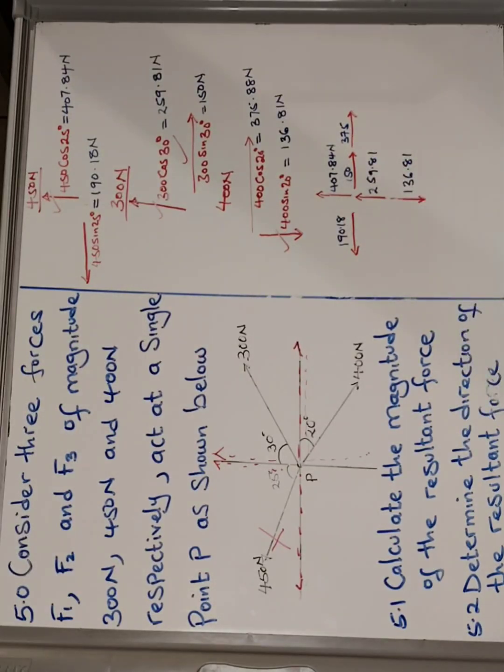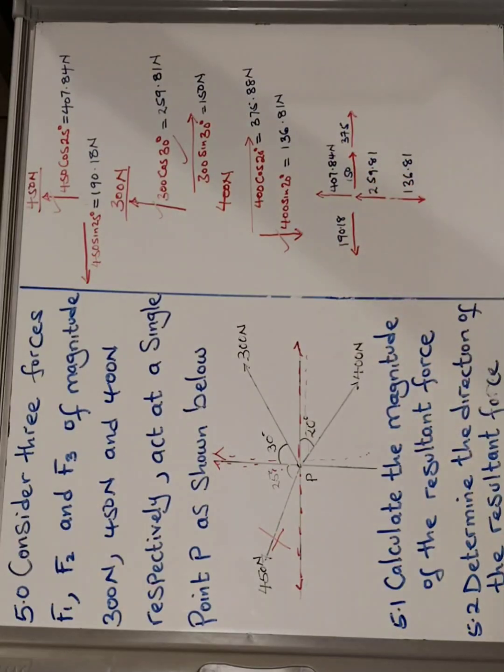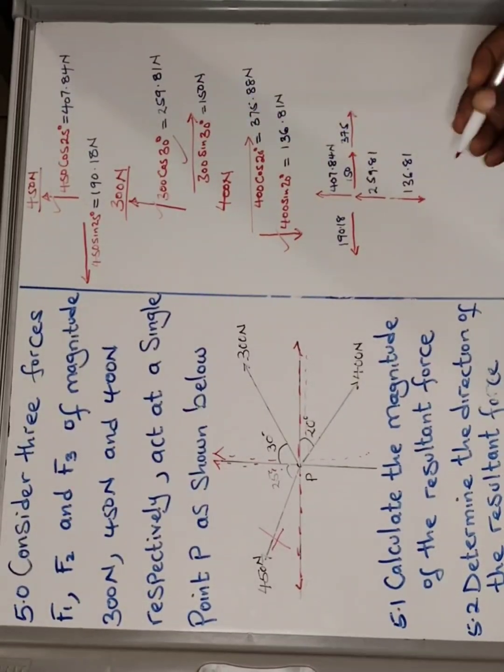After that, what are we going to do? You add those which are in the same direction, and you subtract those which are in opposite direction. So let's do that.